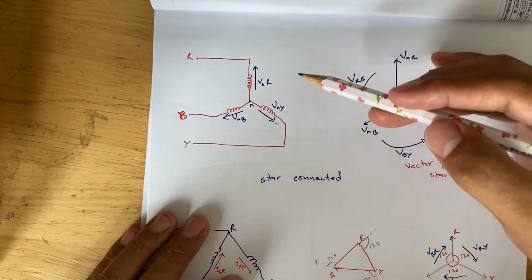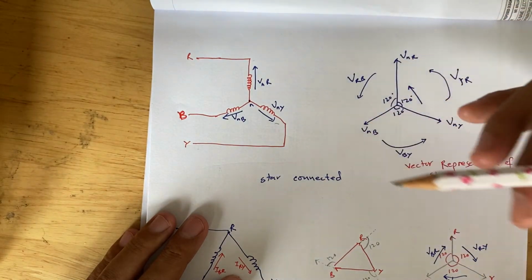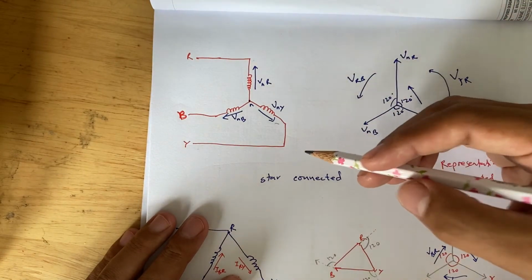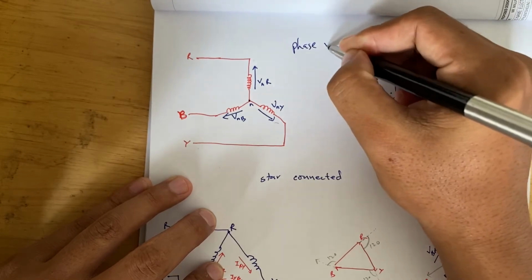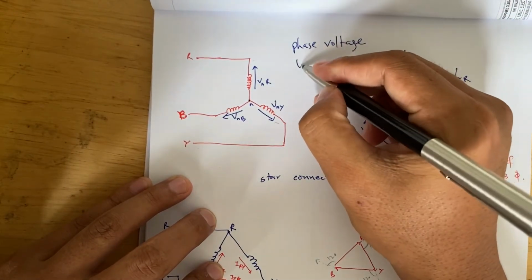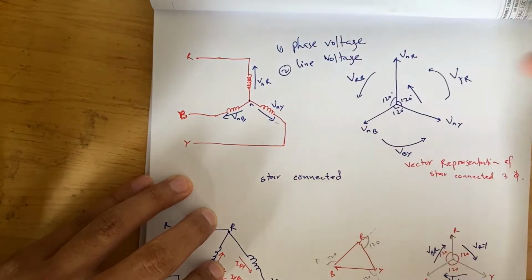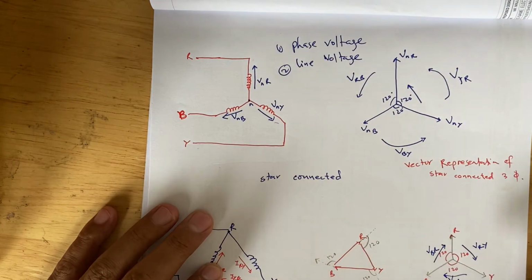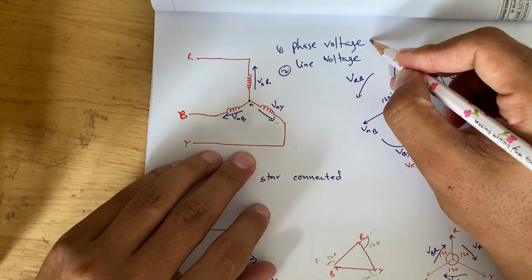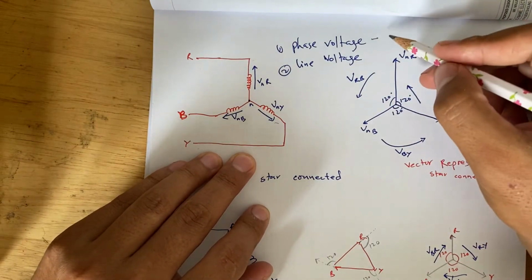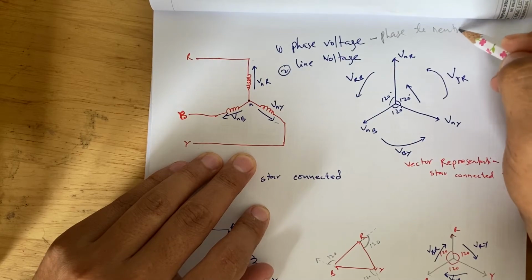Here we have the phase voltage. When we talk about three-phase, you also come across the terms phase voltage and line voltage. These are the two types of voltage that you come across in a three-phase system. In the star connected case, the phase voltage is the voltage measured between one of the phases and the neutral conductor.